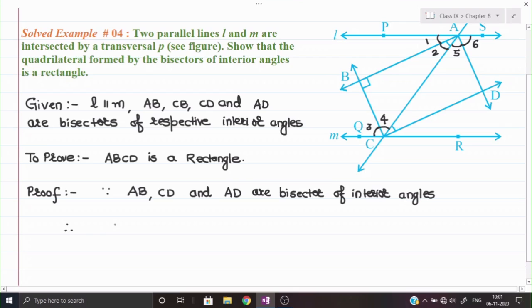Therefore, angle 1 is equal to angle 2 is equal to, we are supposing here, x.